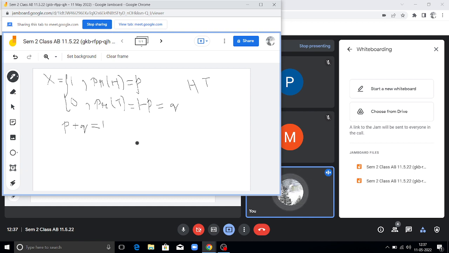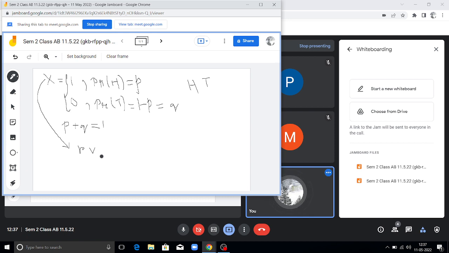In this case, x is called a random variable. When would it have been a normal variable? It would have been a normal variable, that is a frequency type variable, if it took certain values and we did not consider the probabilities attached to them.